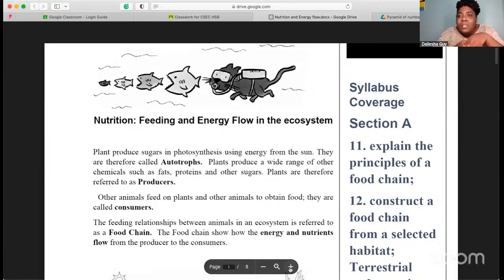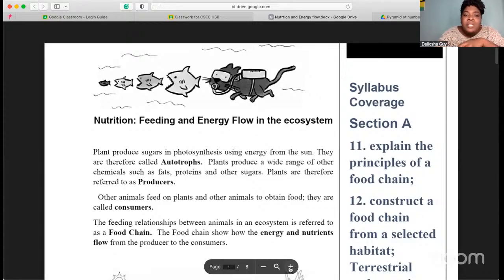So we said that the ecosystem is all the living and the non-living components: animals, plants, bacteria, and how they interact with the environment, so the sun, the water availability, all of those non-living components, where they live, and all of that. So that's the ecosystem. In this topic we are speaking about how feeding works in the ecosystem, and how energy flows.